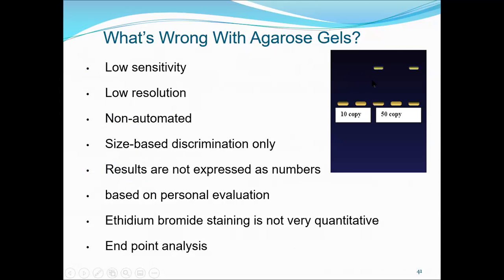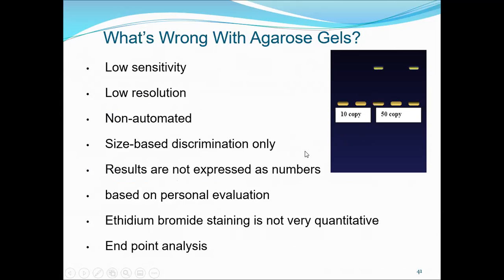You tend to see different sizes, and the results are not expressed as numbers, in the sense you just see positive or negative. It's not quantitation, that means how many copy numbers of the DNA are present. And it is mostly based on personal evaluation, so it differs from person to person.